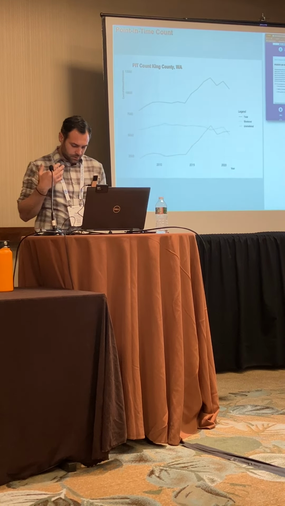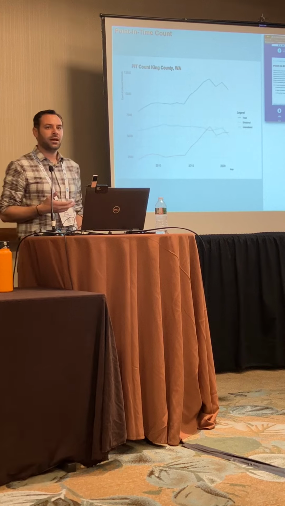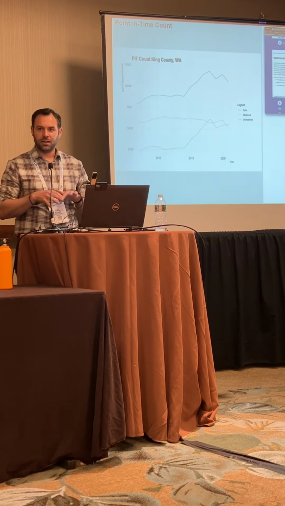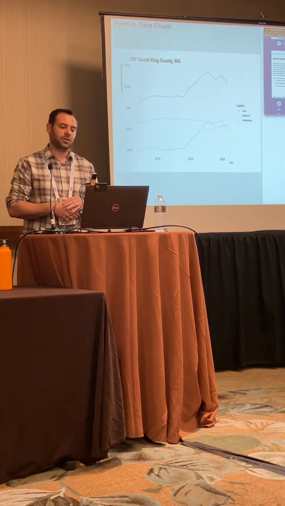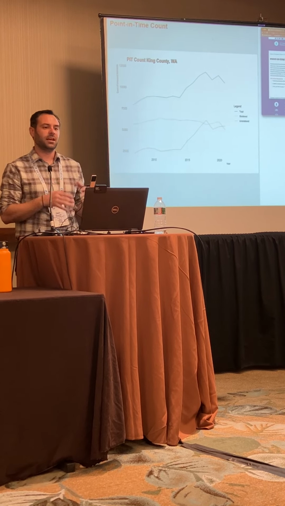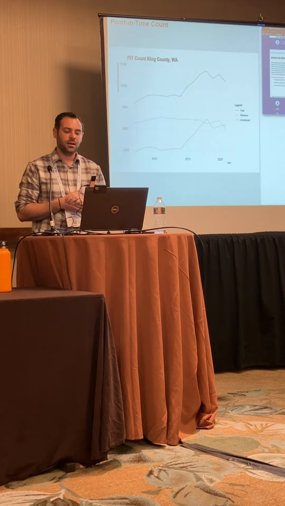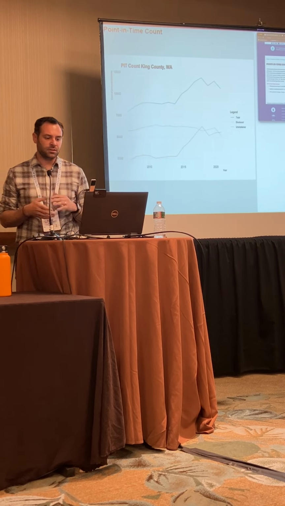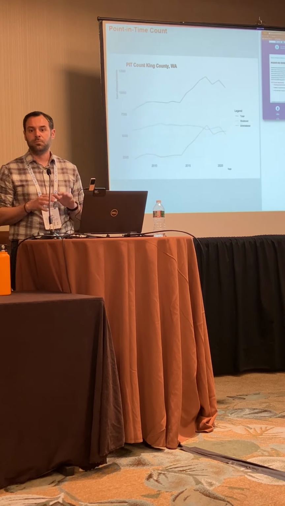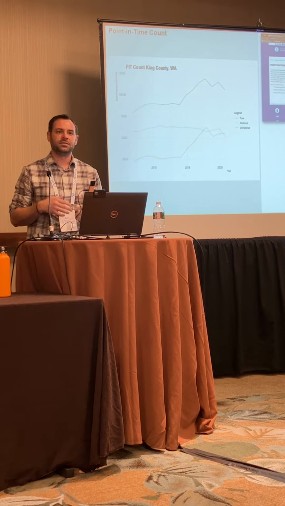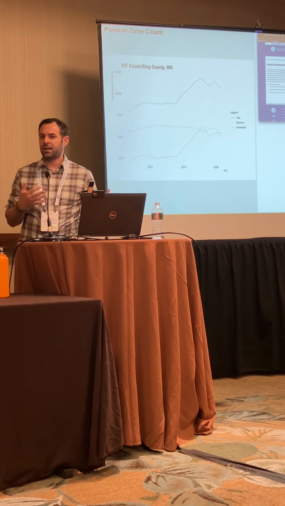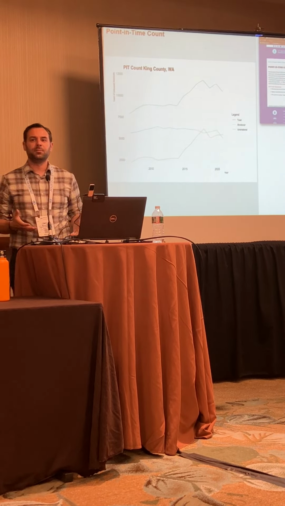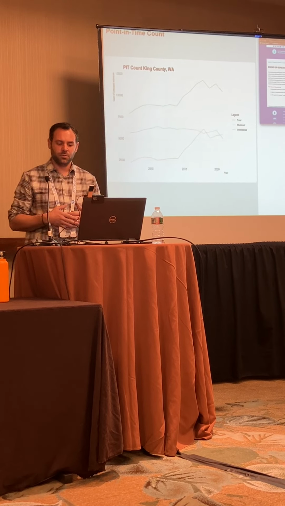So there are a lot of ways the point in time count is actually done. You can go on HUD's website and look through all of the various rules and stipulations and see how each local group does it. Most groups largely do it in something modified from this basic way, which is they take about a 6 to 12 hour period in the middle of the night on one day in January.